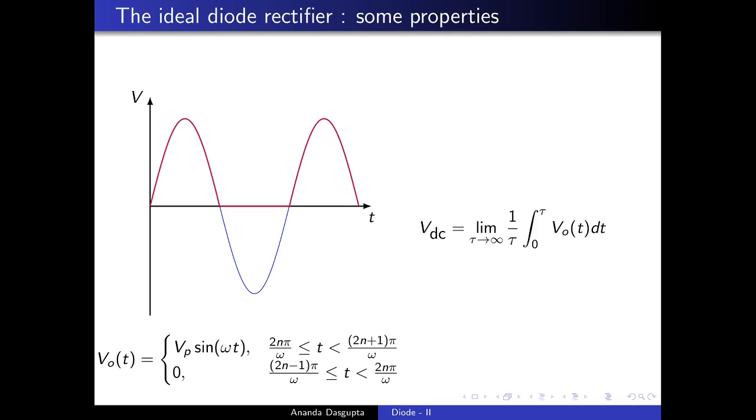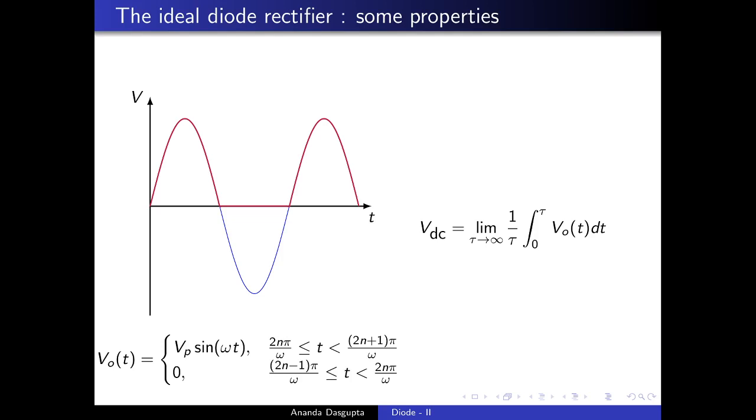But most voltmeters have a response time which is a lot bigger than the time in which this sinusoidal voltage would change. So if you have connected a DC voltmeter, what it would really show is the average value of the voltage, not the instantaneous value.